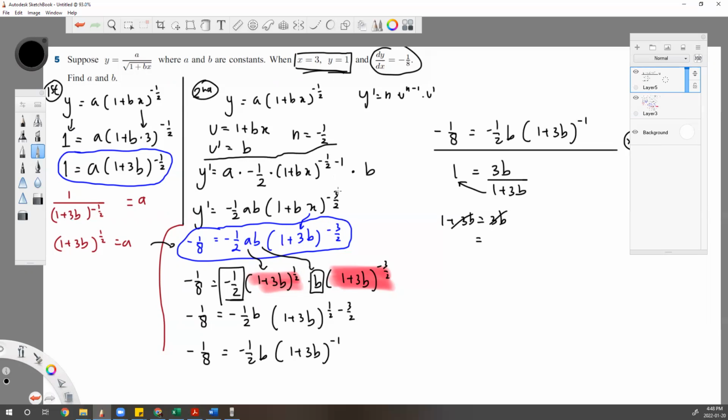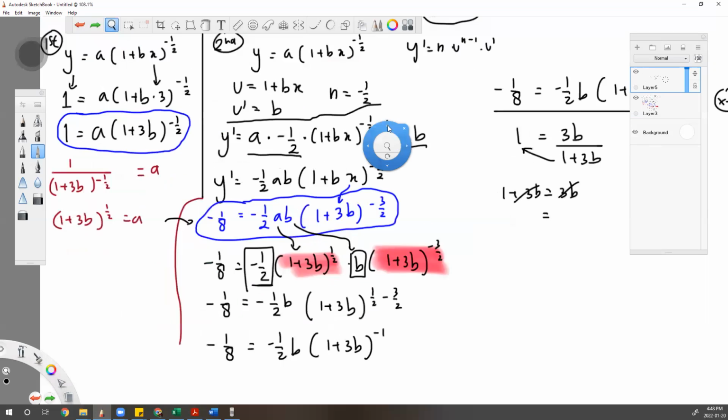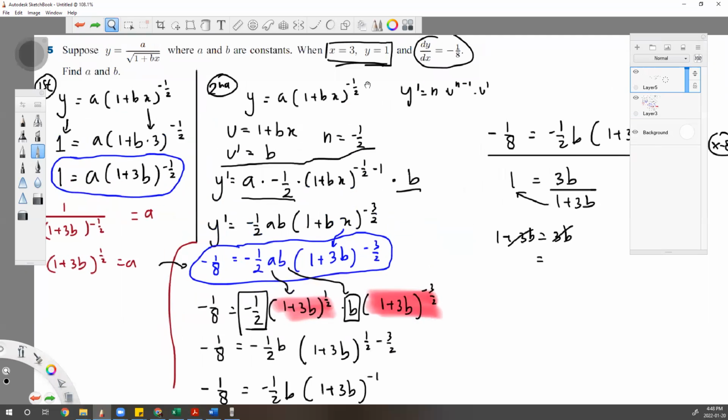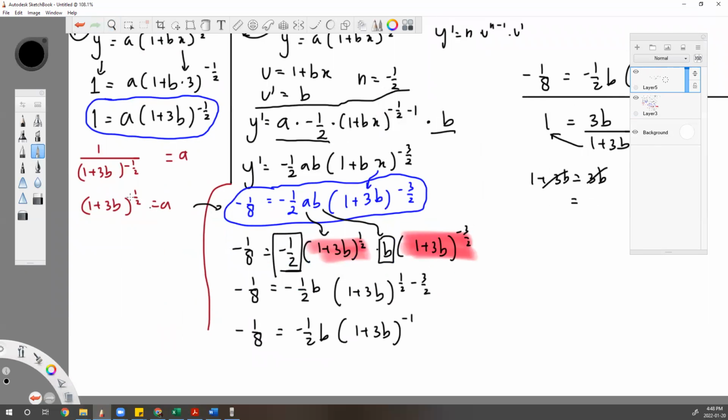It's supposed to be negative 3 over 2 times u prime x, right? And then negative half times a times b, I put it here, 1 plus 3b. And dy dx is negative 1 over 8. I put it like this, negative half ab times 1 plus, x is also 3, right? 3b power negative 3 over 2. And I substitute this a to here.